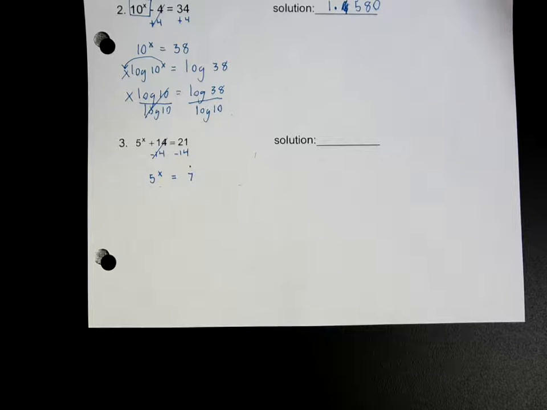Log of 5 to the x, yeah, equals log of 7. Literally log of 7 divided by log of 5. Yep, just write exactly what you have on there. You're right.